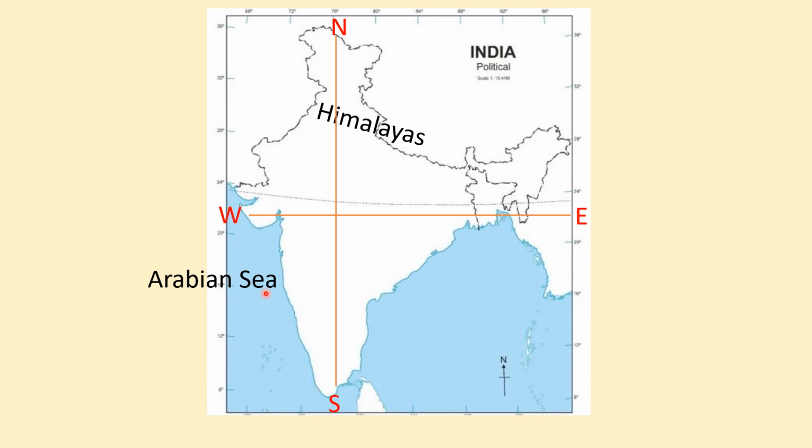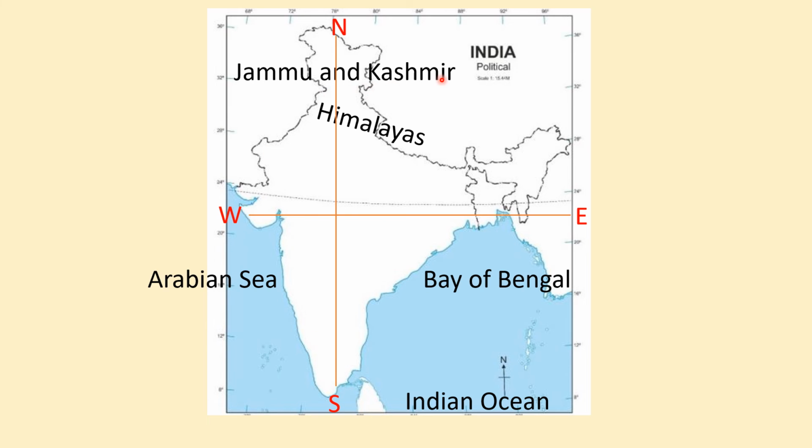Arabian Sea lies where? To the west of India. The Bay of Bengal. Where does the Bay of Bengal lie? To the east of India. The Indian Ocean. The Indian Ocean lies to the south of India.